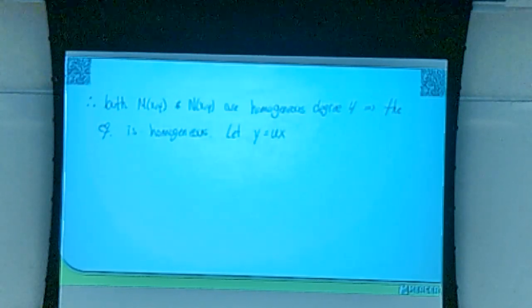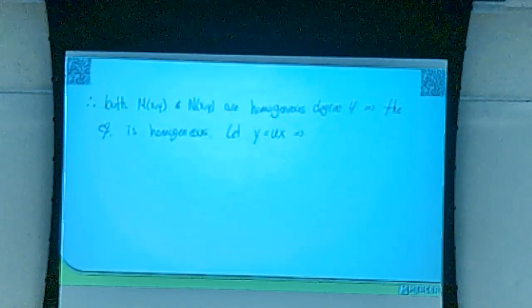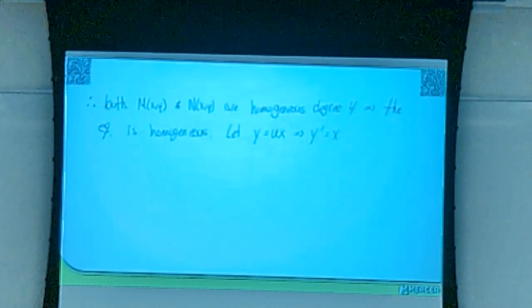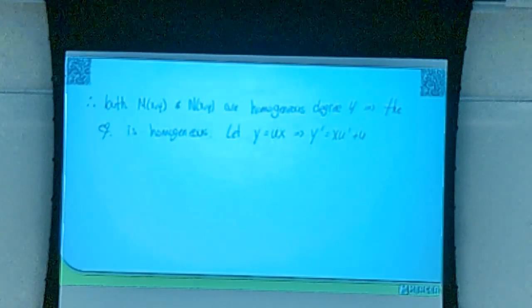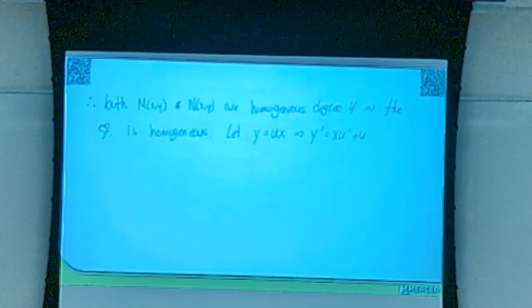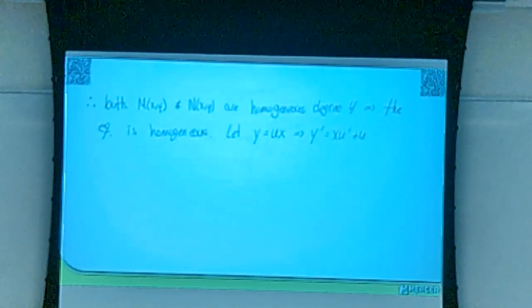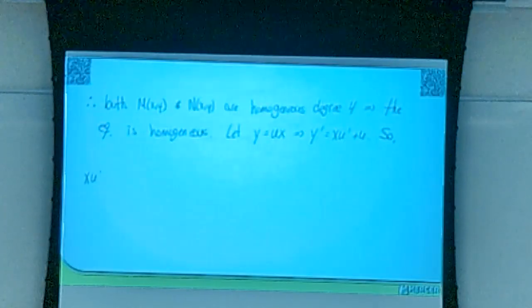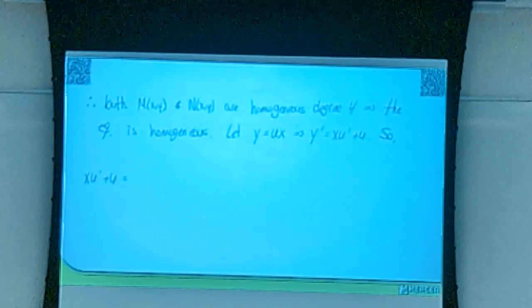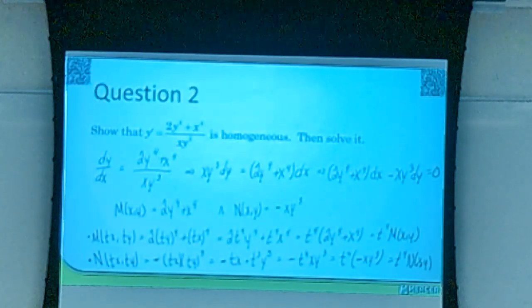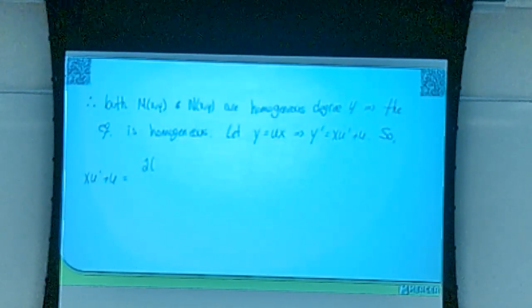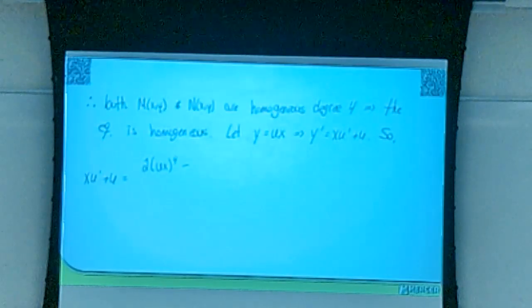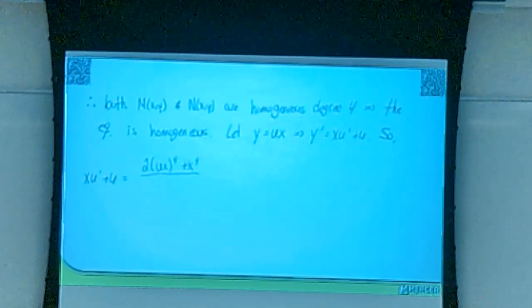All right, then we use that substitution, y equals u times x. That always leads to y prime equals x u prime plus u. Now make the required substitutions. And it was 2y to the fourth plus x to the fourth over x y cubed, right?